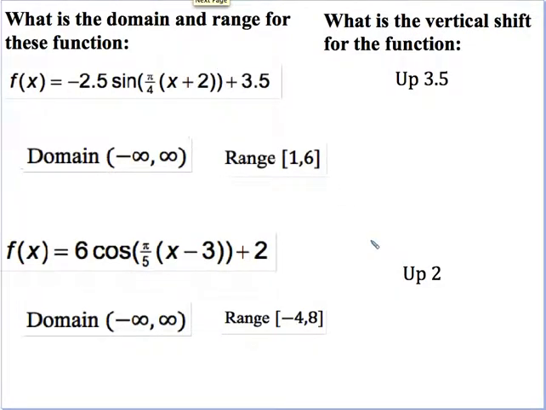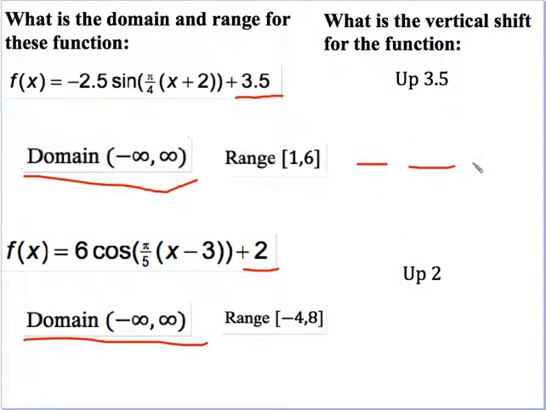What's the domain and range for a sine function? The domains are always very easy, from negative infinity to positive infinity. They never stop. Your range could be a little bit difficult because you have to consider your d value. Where's the sinusoidal line going to be?